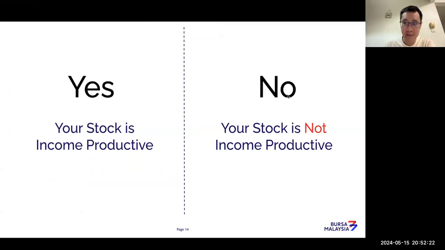But if some of you say, hey, some of the stocks that I own, there's no profit after tax, it's all loss after tax, then of course you know that your stock at this point in time is not income productive. So that is how you assess things in terms of income productivity. And that is for ratio number 1, net profit margin.